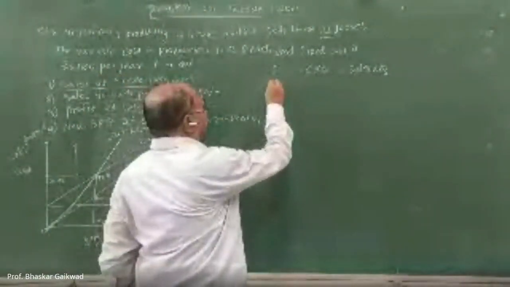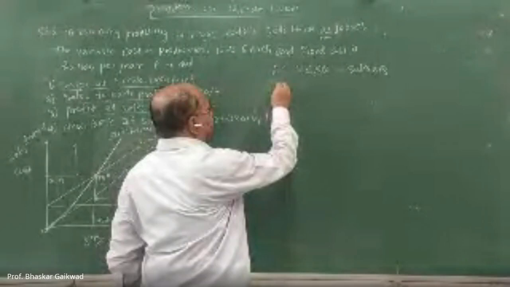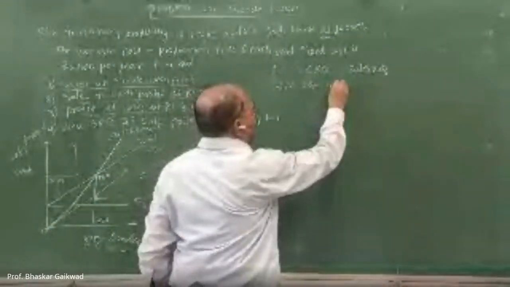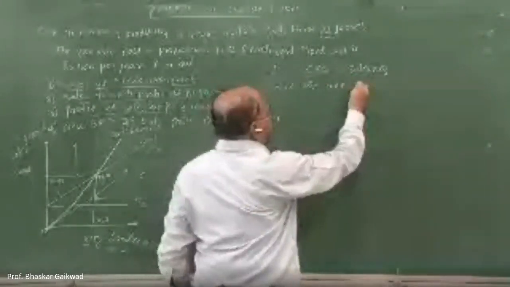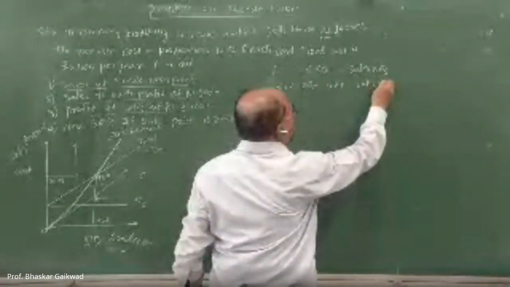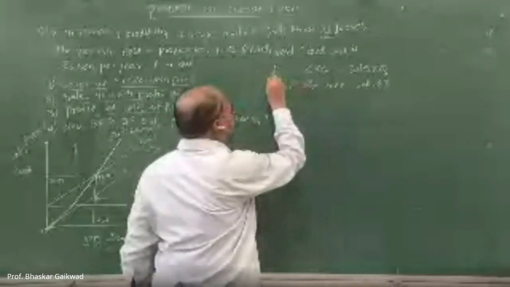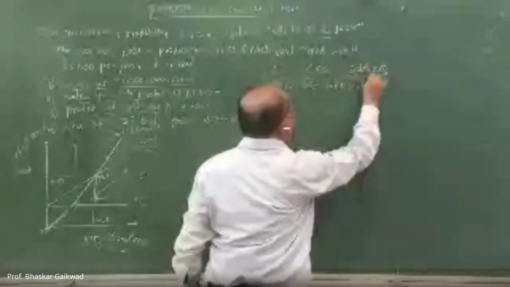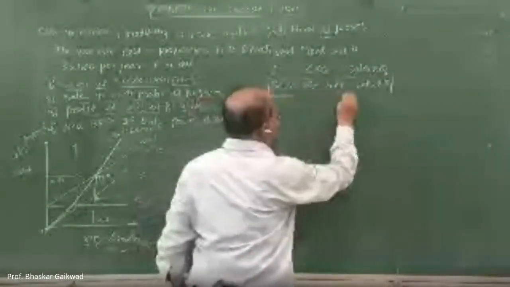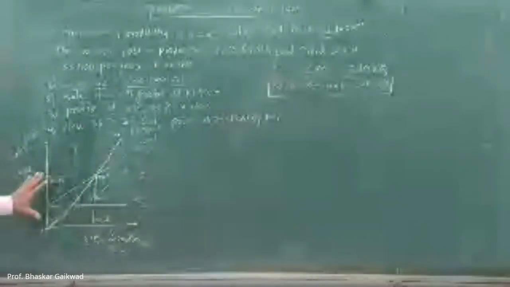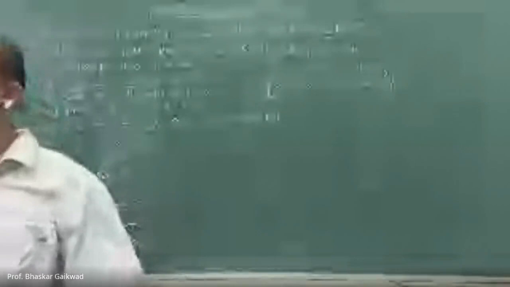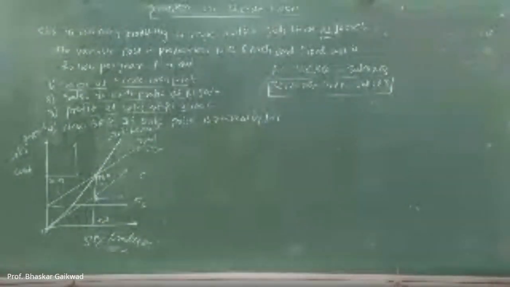Very simple: fixed cost plus variable cost into quantity plus profit is equal to sales into quantity. This standard formula you have to remember anyhow. Yesterday also I gave the same thing. Standard formula and this graph, you have to remember, and everything you will get.